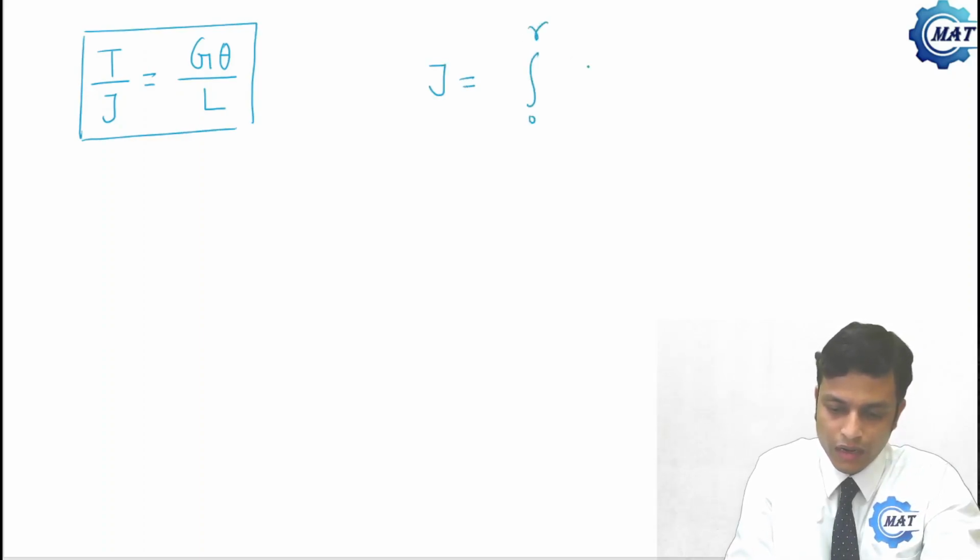And the value of J is what? Integral 0 to R of 2 pi rho d rho into rho square.